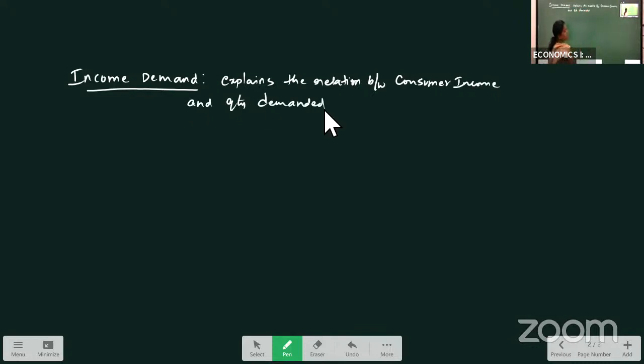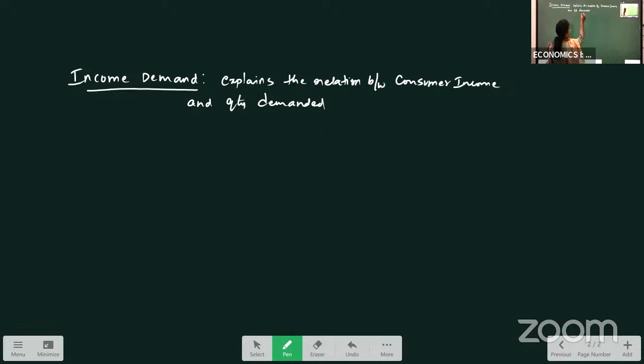How will we write it? This income demand and cross demand that I'm explaining now are important for your 2 marks questions. That's the reason I'm explaining this concept in detail here. Income demand explains the relation between consumer income and quantity demanded.